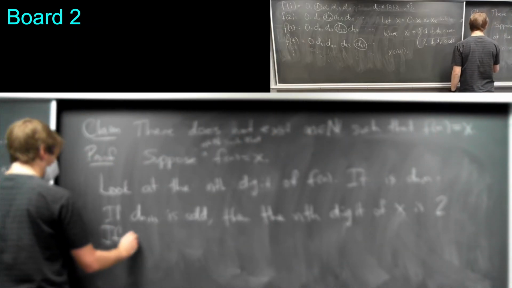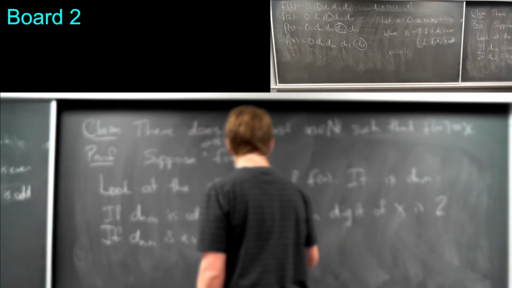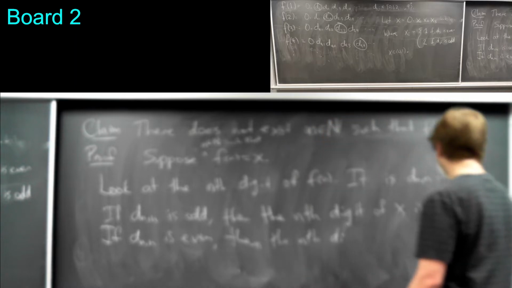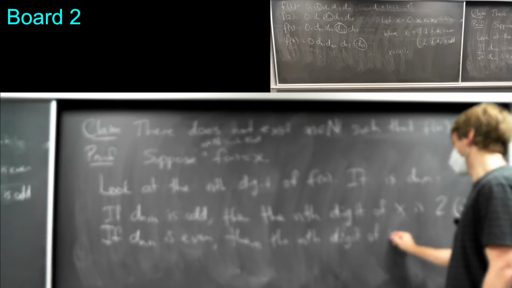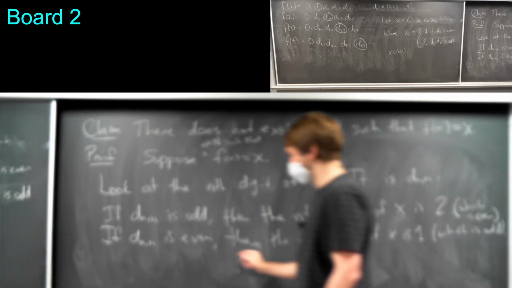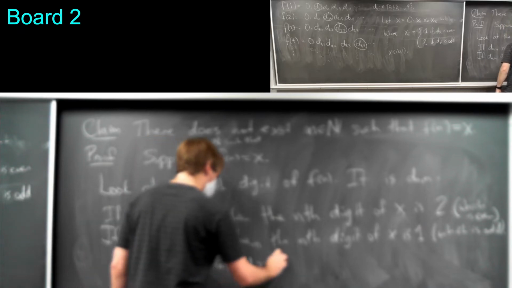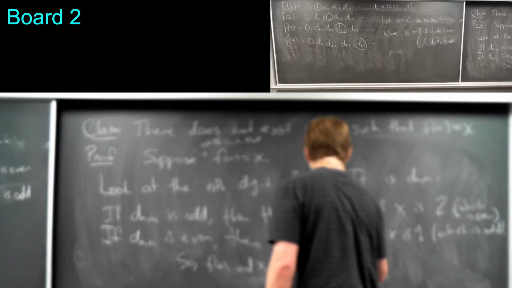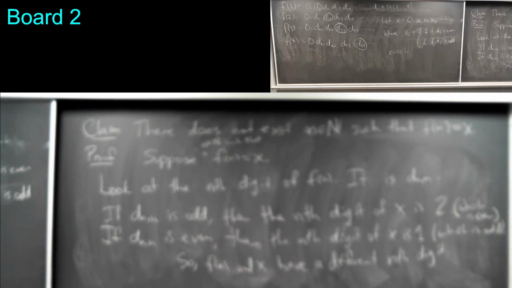And conversely, if d_nn is even, then the nth digit of x is 1, which is odd. So no matter what, f of n and x have a different nth digit, so they can't be equal.